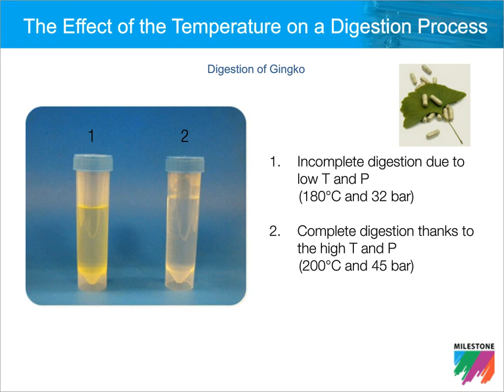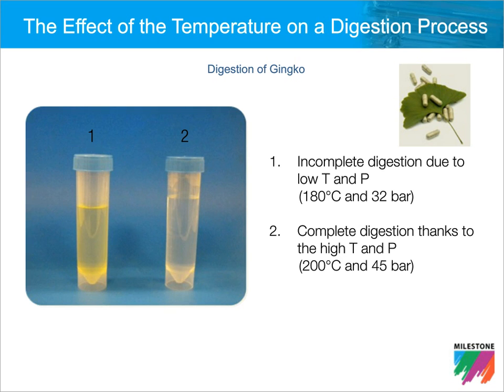Sample number 1, again, we were digesting at 180 degrees C and 32 bar. Although you can't see any physical particulate remaining in that sample, notice the color of it. That yellow color is still undigested or residual carbon that is remaining in that sample. If you were to shake that sample, you might even see it become sudsy or soapy.